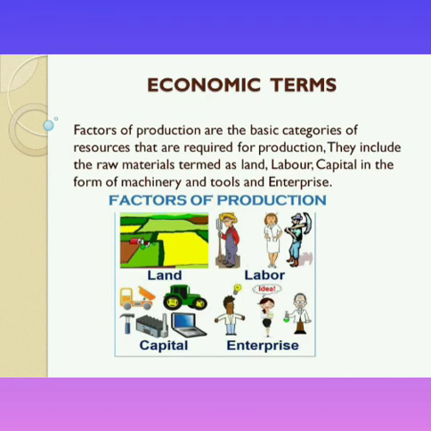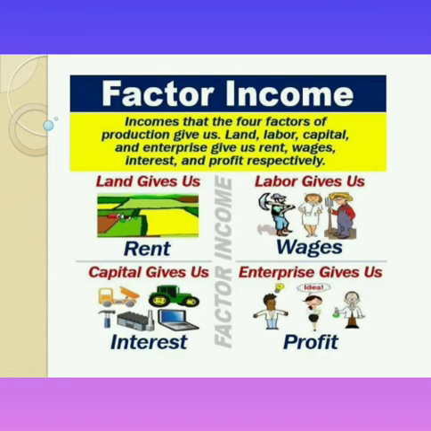And land, for its effort, receives rent. In economics, the reward for land is known as rent. The reward for labor is known as wages. The reward for capital is known as interest.